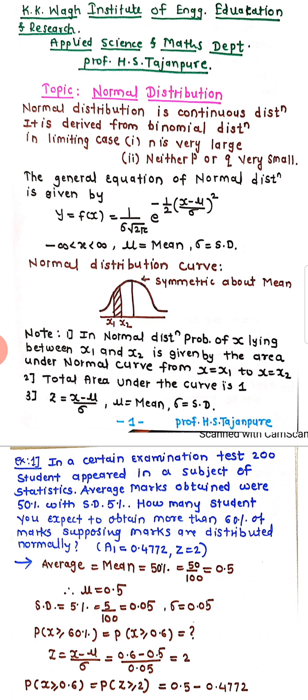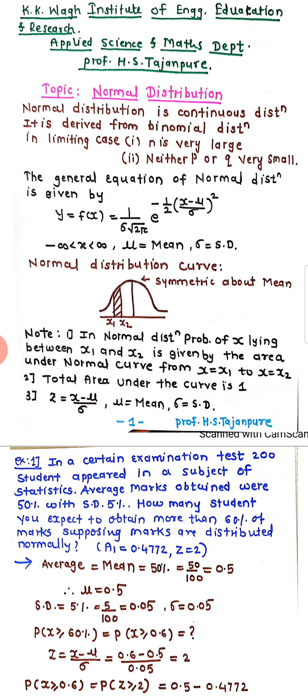Today we are going to discuss unit number 4, that is probability distribution, and from that the topic is normal distribution. Normal distribution is a continuous distribution. It is derived from binomial distribution in a limiting case when n is very large and neither p nor q is very small.